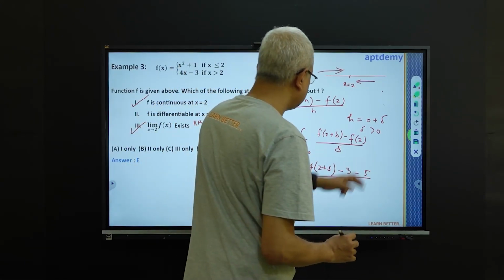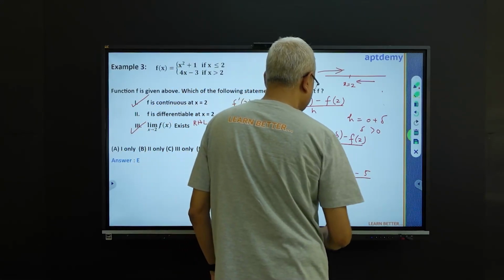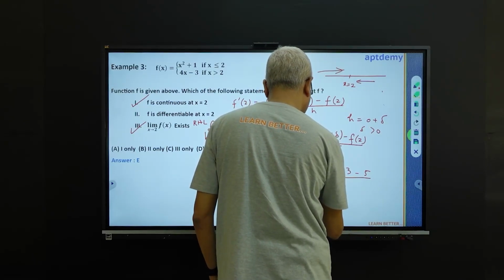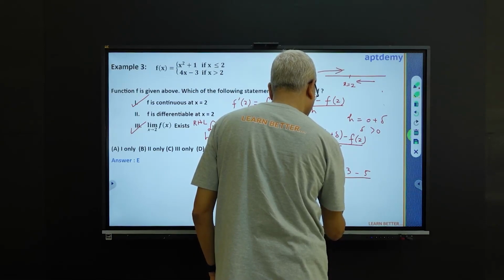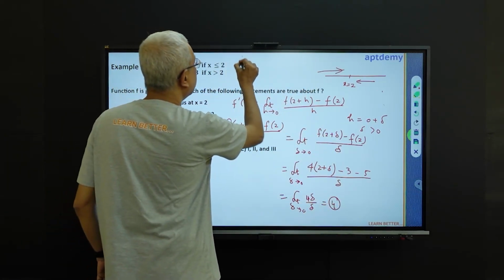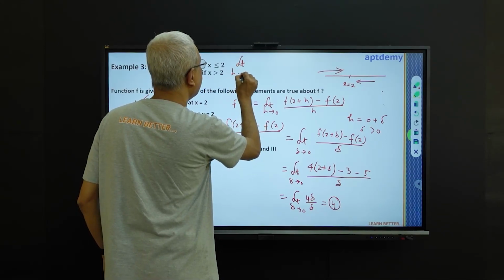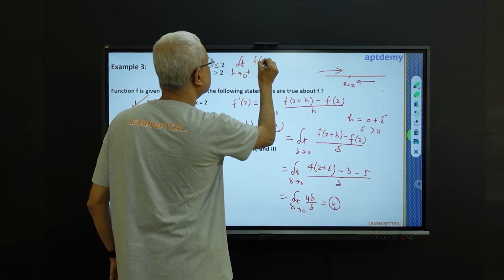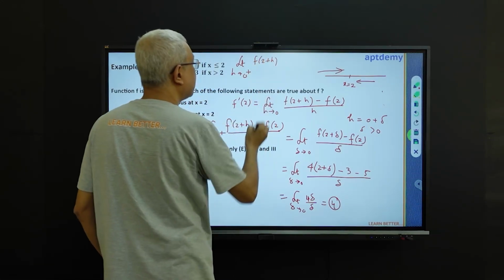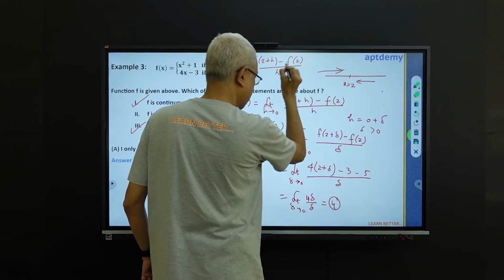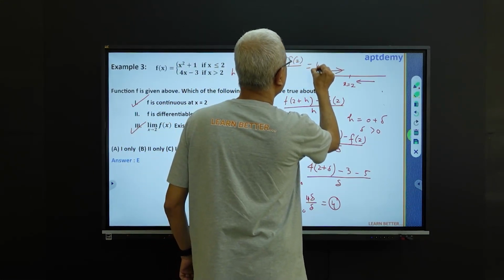This is 8 minus 8 plus 4 delta divided by delta. So it is basically 4 delta divided by delta, which is 4. So limit h approaching 0 plus of f(2 plus h) minus f(2) divided by h is equal to 4.